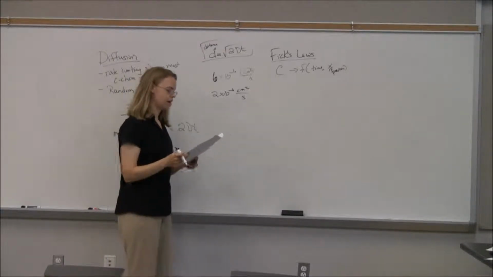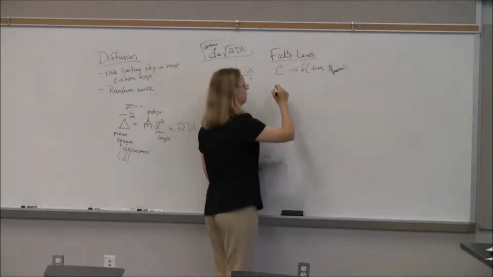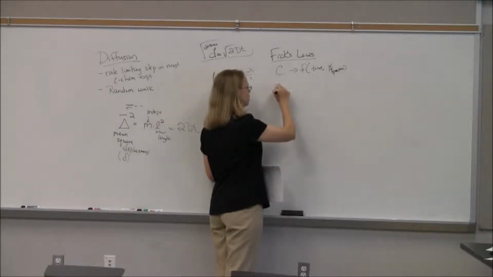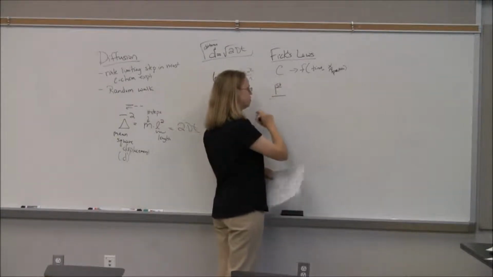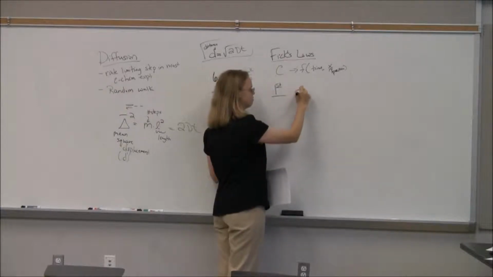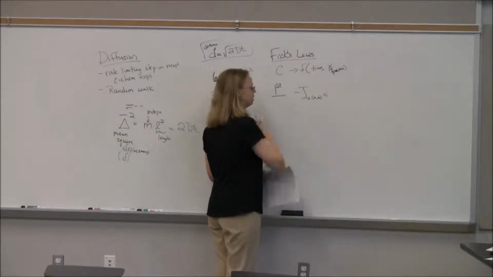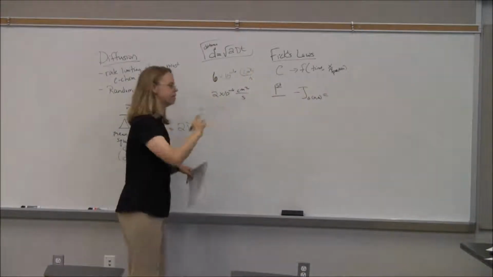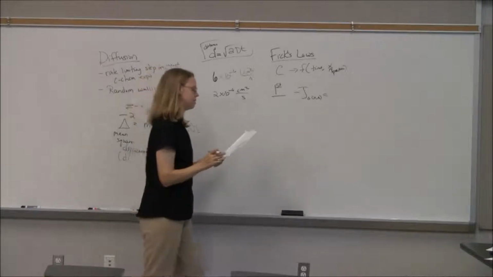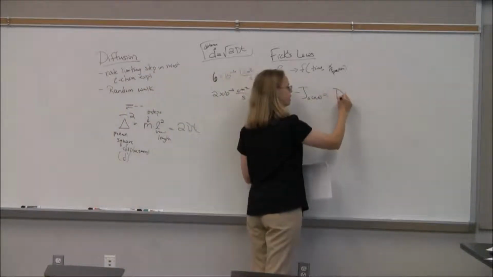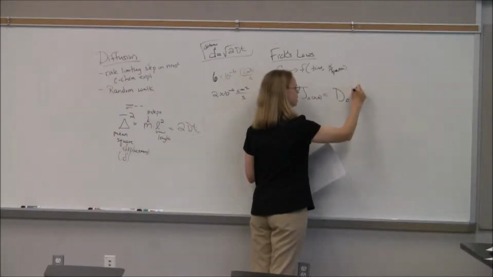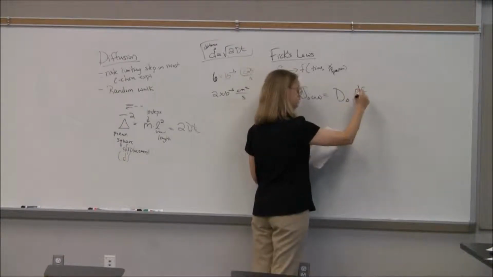So again, we kind of learned about this one already. Fick's first law says that minus J of any given point of x and t, again a distance variable and a time variable, is going to be equal to the diffusion coefficient times the gradient in concentration.